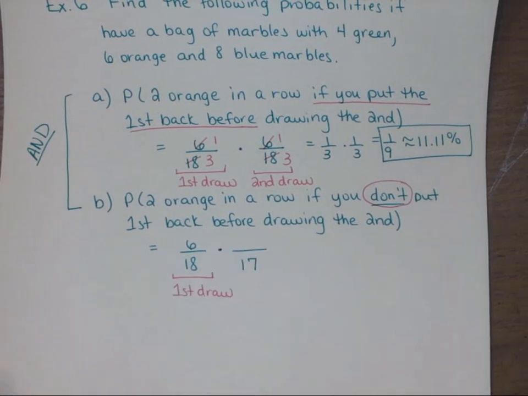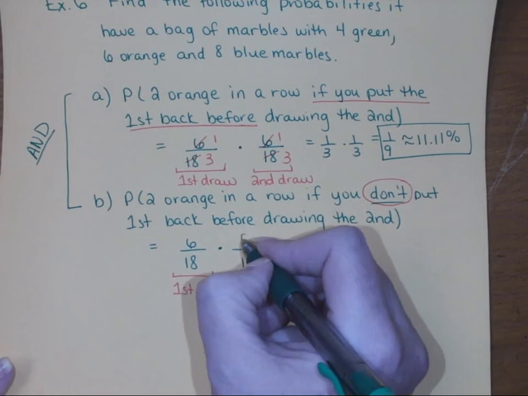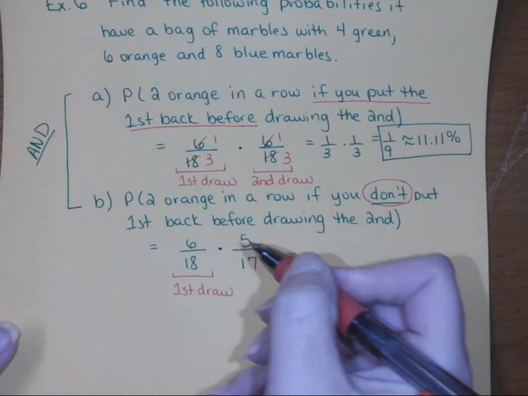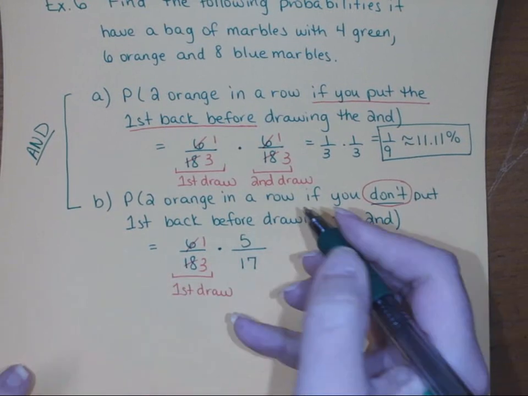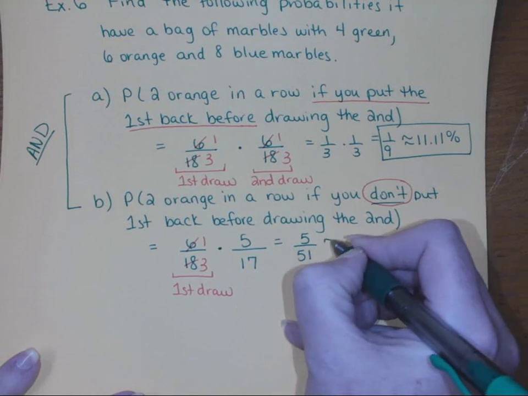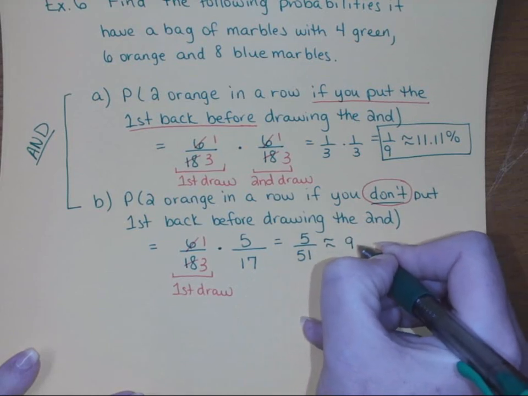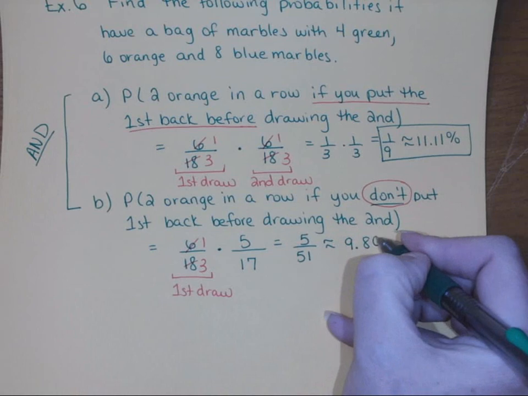Only 17. And then we have to think about how many oranges are left. We had 6, right? But if we already drew one of them, then that marble's gone, so we only have 5. So when you go to reduce this, notice I can't reduce both of them, only the first one. So you'll end up getting 5 out of 51. And if you work that out, you get about 9.8. Let's see what the second decimal place is. 9.80%.